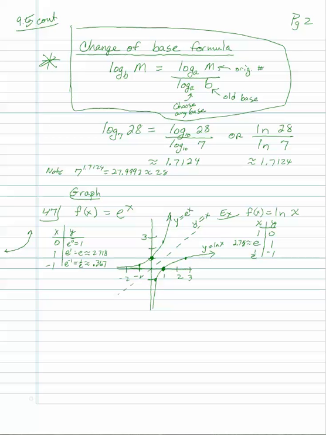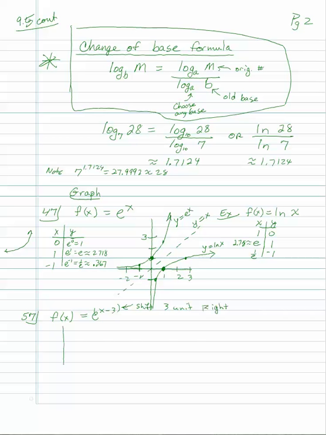So if I wanted to do number 57, it says f of x equals e to the x minus 3. This is up here in the parentheses, so that's going to shift it 3 units right. So it's like I'm going to make my pretend origin at 3, 0.